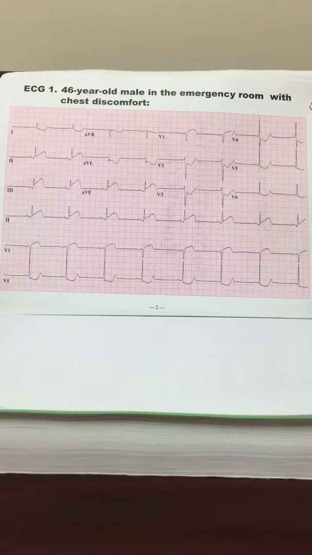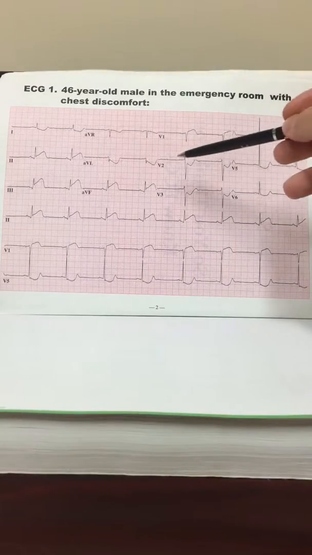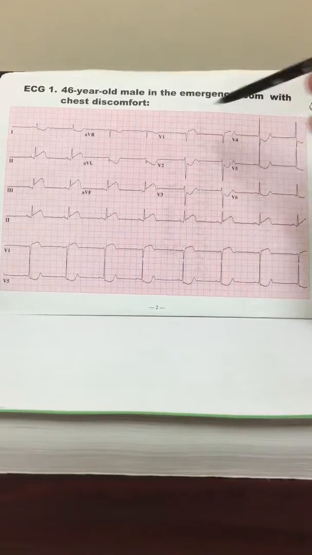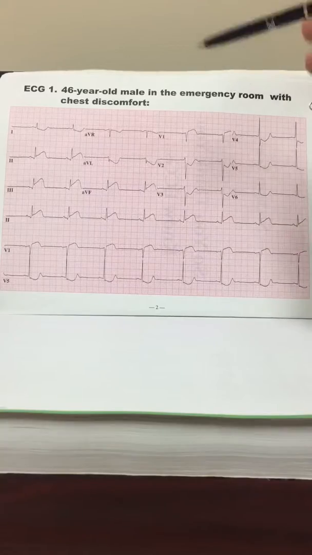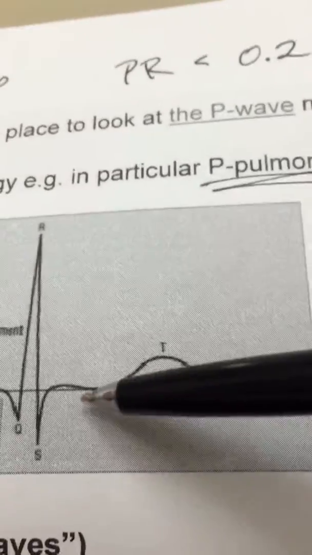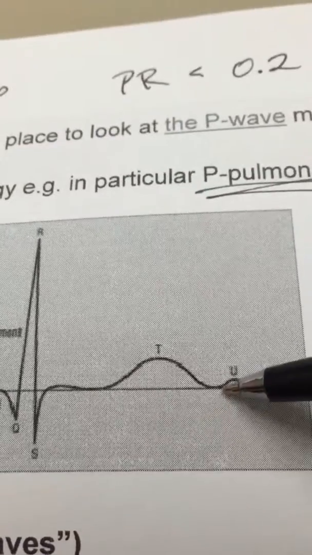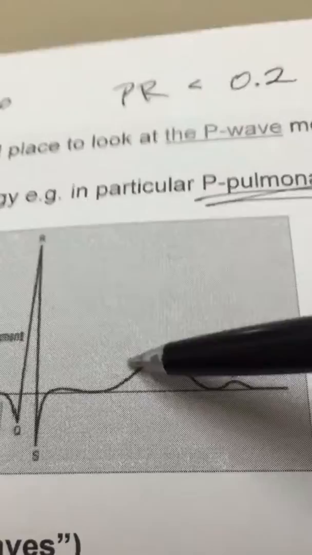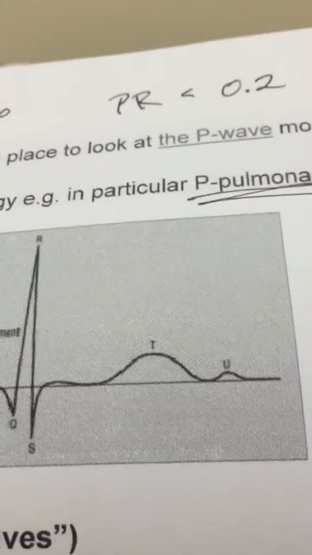Now that we've done that, we can look for T-wave abnormalities. This strip does not have any T-wave abnormalities, but I will show you what we were looking at before. Here is the T wave, which is normal. And here we could have a U wave, which is a small peak after the T wave.